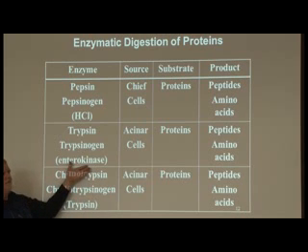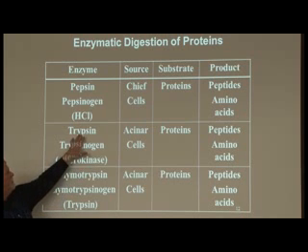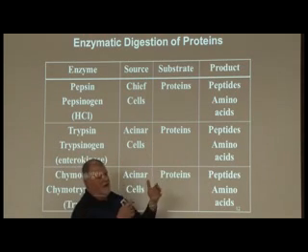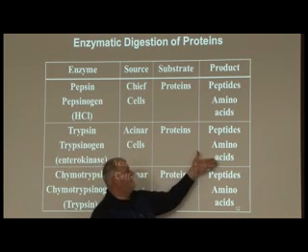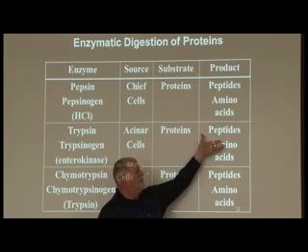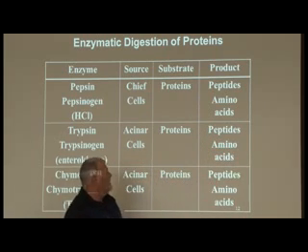We're going to have an enzyme that's a brush border enzyme produced by the cells that line the duodenum, which is enterokinase. And then enterokinase is going to activate trypsin. And then trypsin will digest proteins at unique bonds between certain amino acids and give us more free amino acids and fragments of proteins called peptides.